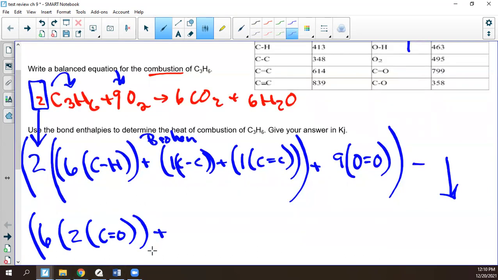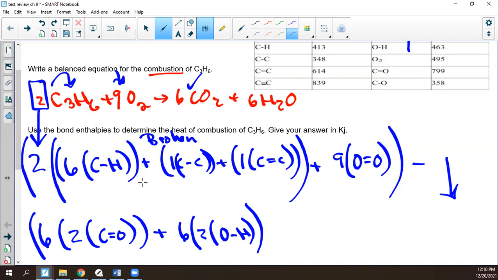Plus, that takes care of that piece. 6, and for each water, I have 2 O to H bonds. Who's with me so far? It's tricky. It's just a lot of stuff, but it's doable.